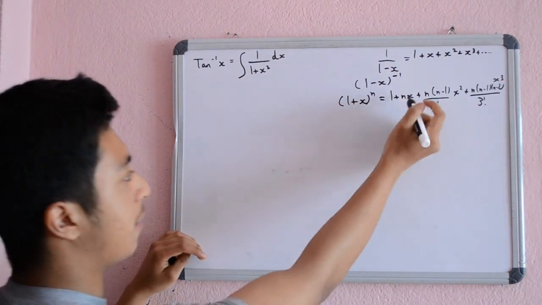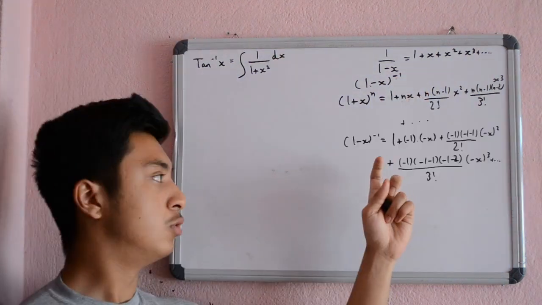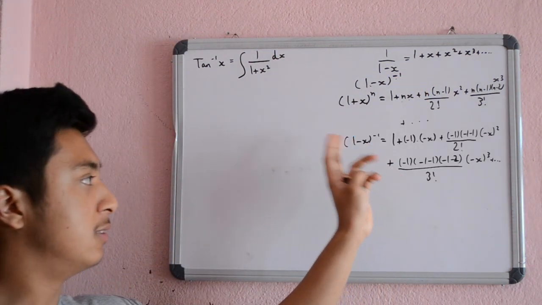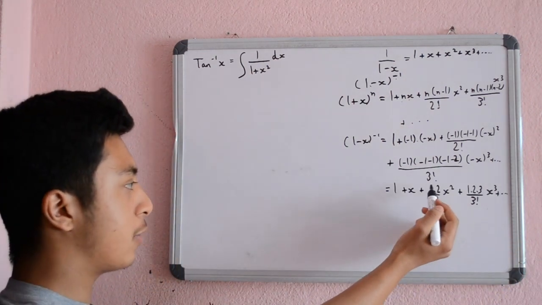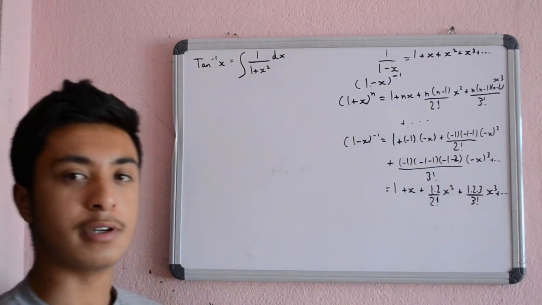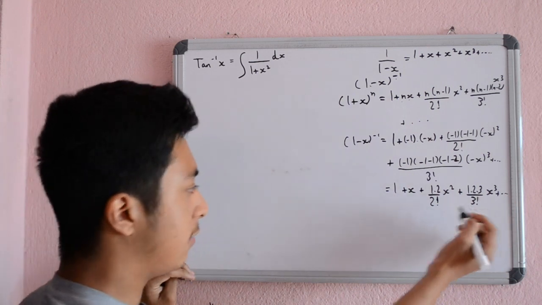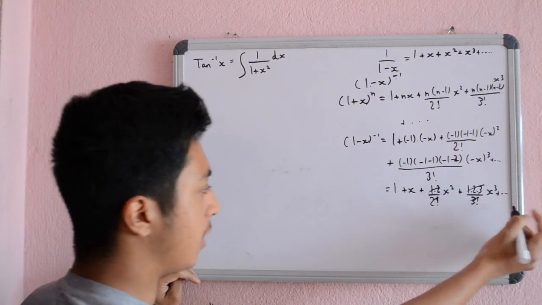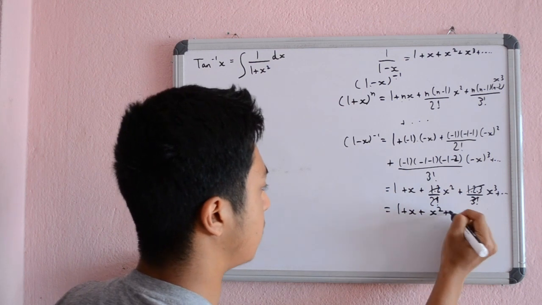Instead of x you'll have negative x, and instead of n you'll have negative 1. Simplifying, you'll get this over here, and as you can see, in the numerator you have 1 into 2, which is 2 factorial, 1 into 2 into 3, 3 factorial, and it goes on for all of the next terms. In fact, these cancel in all the terms, so you'll get 1 plus x plus x squared plus x cubed and so on.